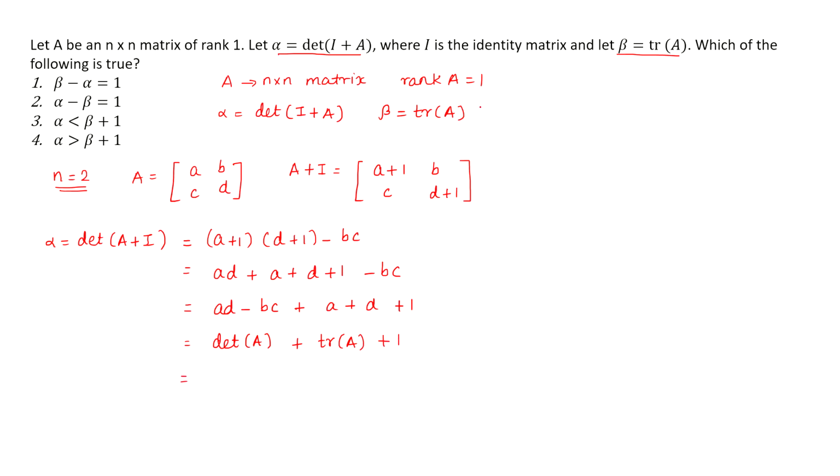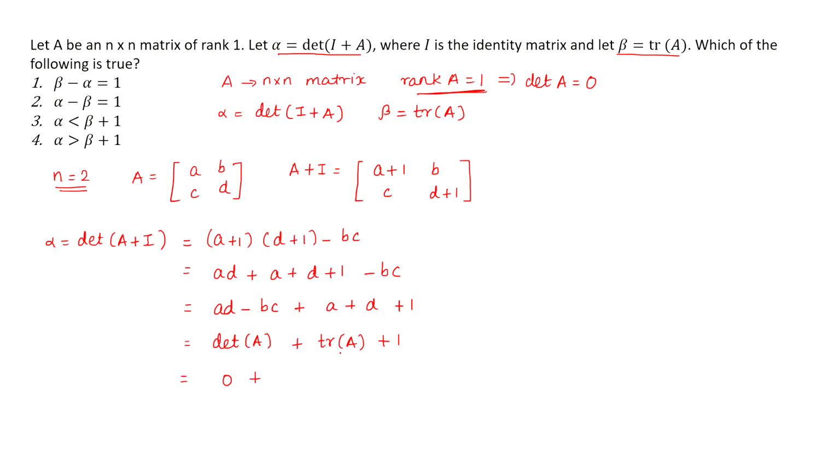Now we have been given that the rank of matrix A is equal to 1. So this implies that determinant of A will be equal to 0. Right? Because we have chosen n equal to 2, so the determinant is 0. In fact, this will be true for any n. For any n, the determinant of A will be equal to 0 because the rank is given as 1.